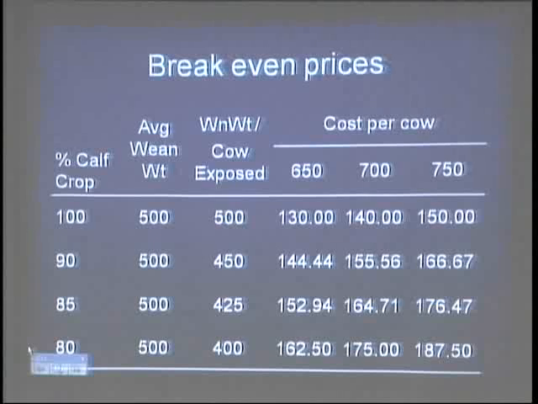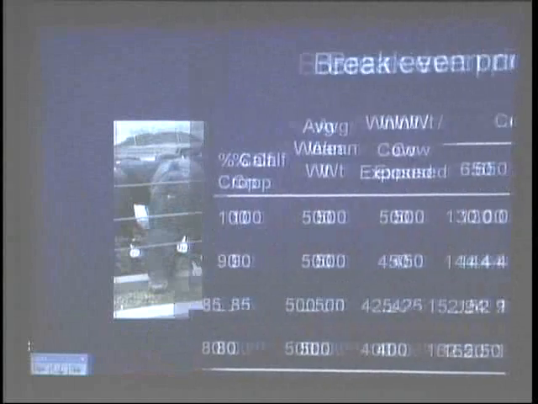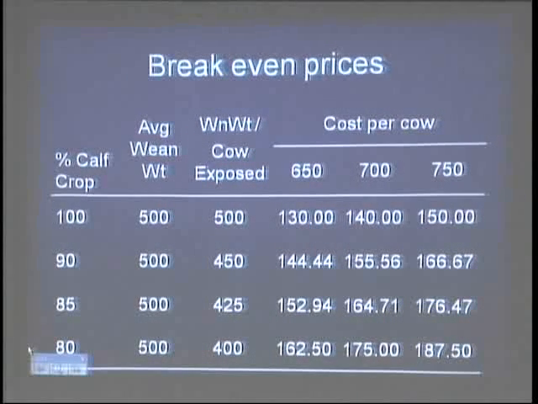And this is how we might use that information in planning and deciding what level of reproduction or what changes in management might affect our reproduction and our overall cost structure. So on the far left, we have different percent calf crops, and I've just used one average weaning weight, but in your mind you could see how we could expand this table to be much broader in weaning weights.